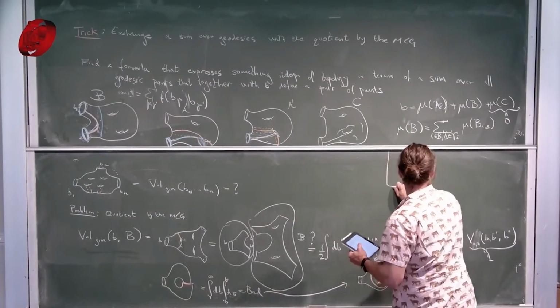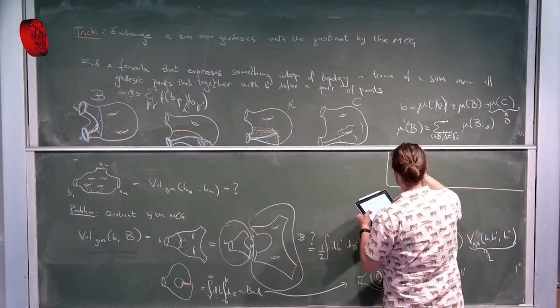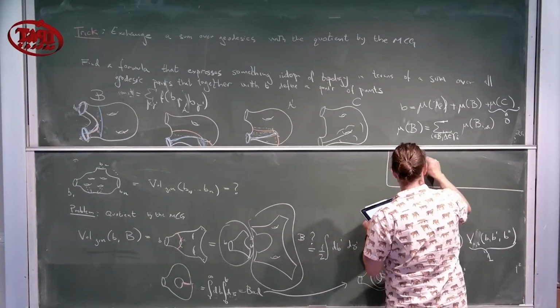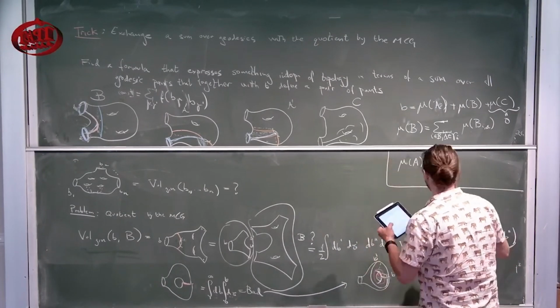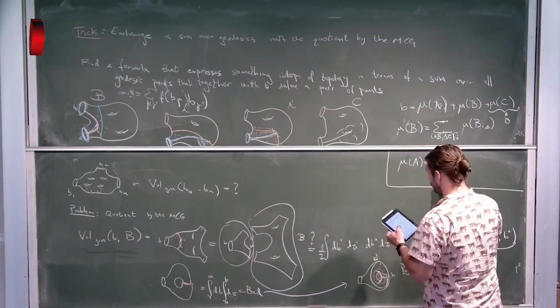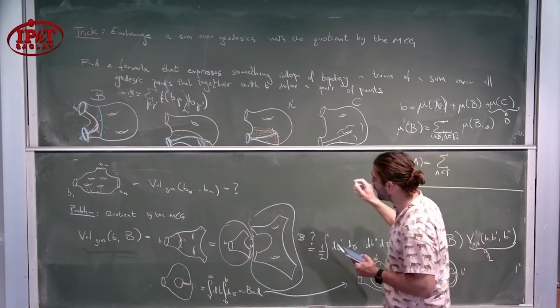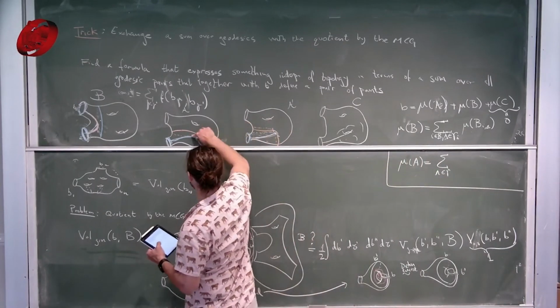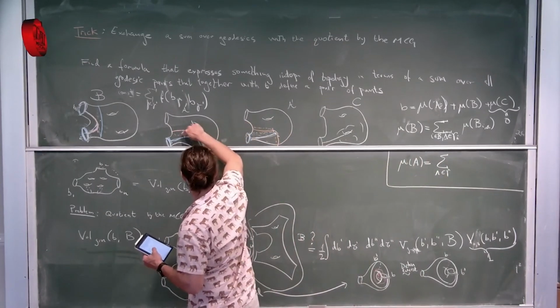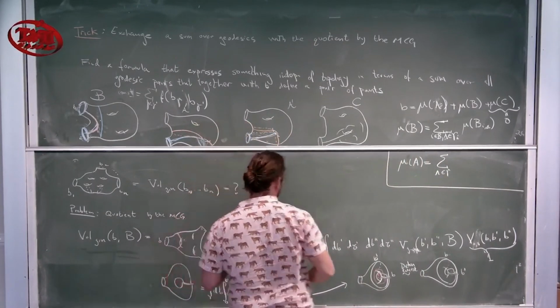And similarly, mu A is defined as a sum over all possible pairs of pants that have both boundaries being internal, just like in this case. Here, both the red line and the orange line are internal.